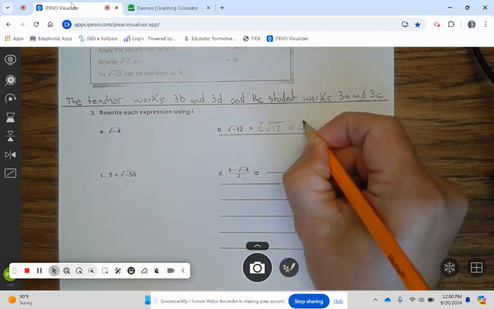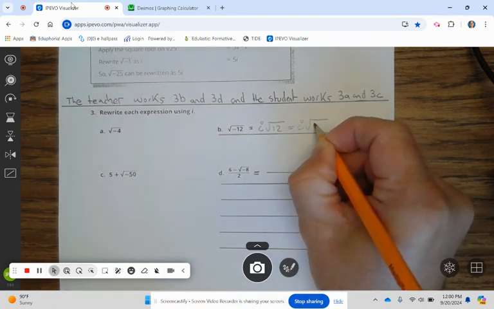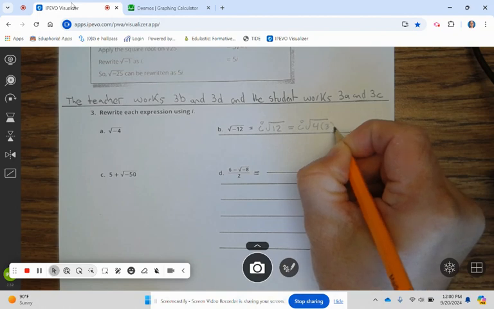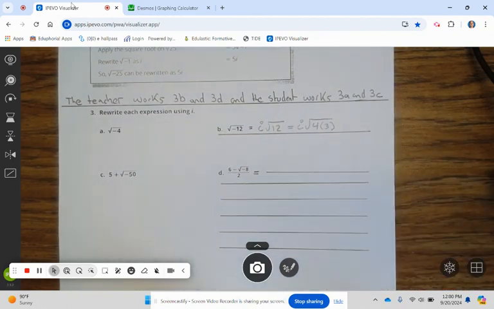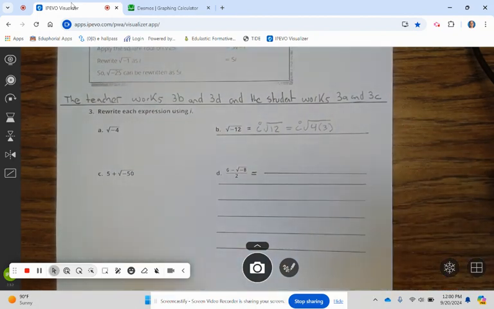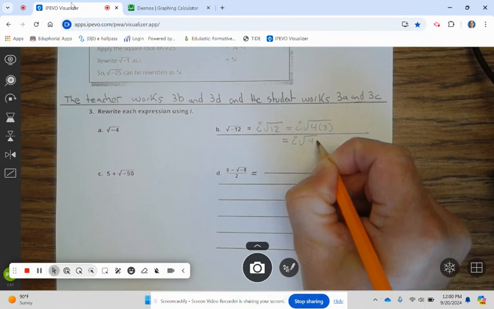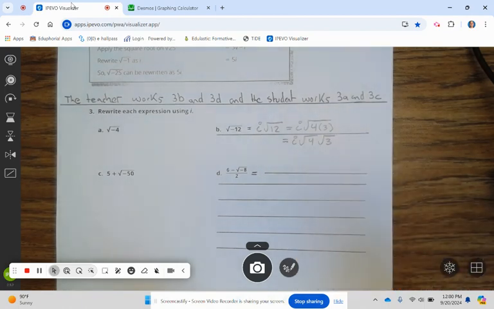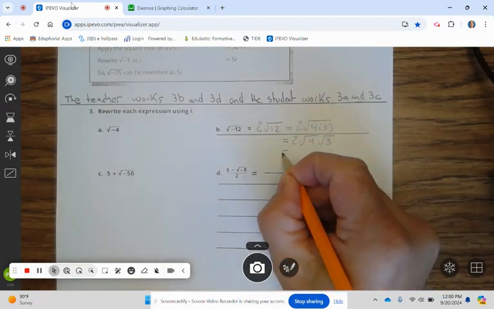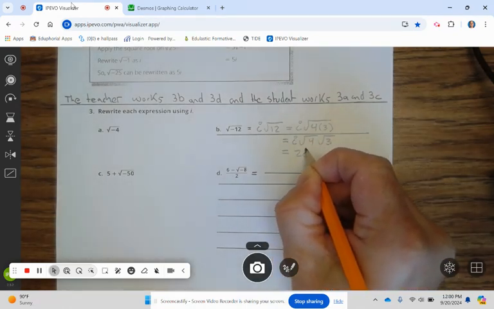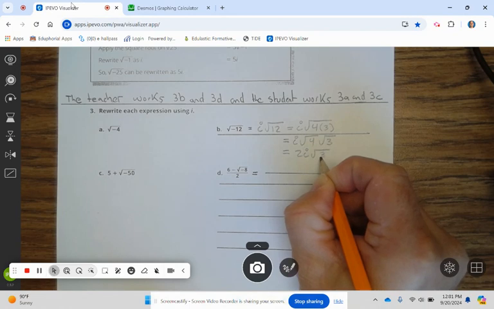We can rewrite this as i square root of 4 times 3. 4 times 3 gives us 12. And why we do that is because now we can say we have i times the square root of 4 times the square root of 3. Well, the square root of 4 is 2, so this simplifies to 2i square root of 3.